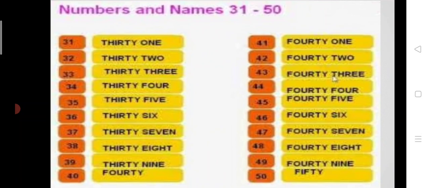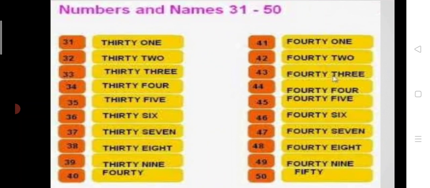Next, 31 to 50. 31. The number name of 31 is T-H-I-R-T-Y 30, O-N-E 1, 31. 32, 33, 34, 35, 36, 37, 38, 39, 40.